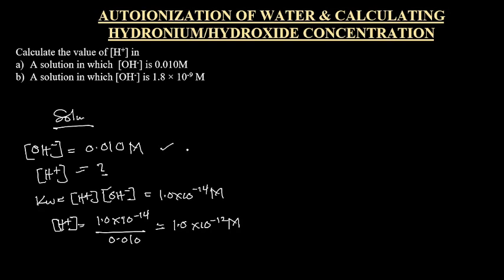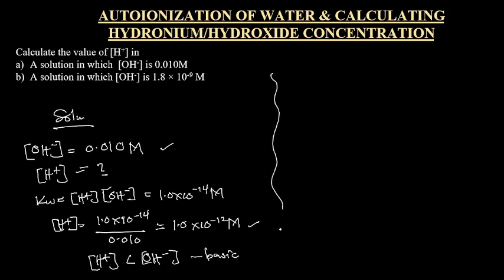This is the hydroxide concentration, this is the H plus concentration. When we compare it, we'll conclude that H plus is less than OH minus concentration. And so how do you think this solution will be? Will it be acidic or basic? The solution is going to be basic.